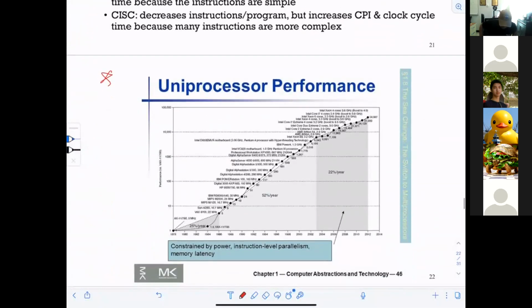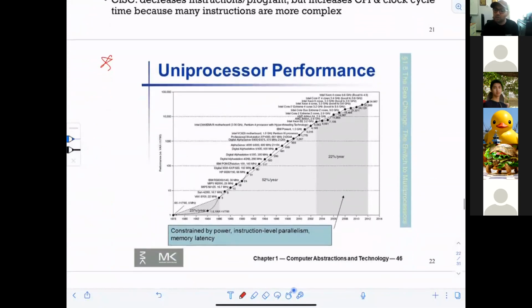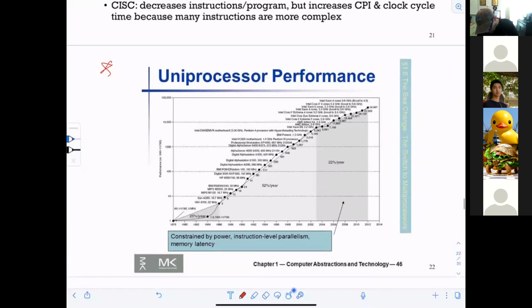Okay, now this is just information that you guys should be aware of, which is the history of processor performance over all the years since we started in 1978 up to 2014. And you could consider that since 2014 up to now, the movement went like that, a little bit sliding up.